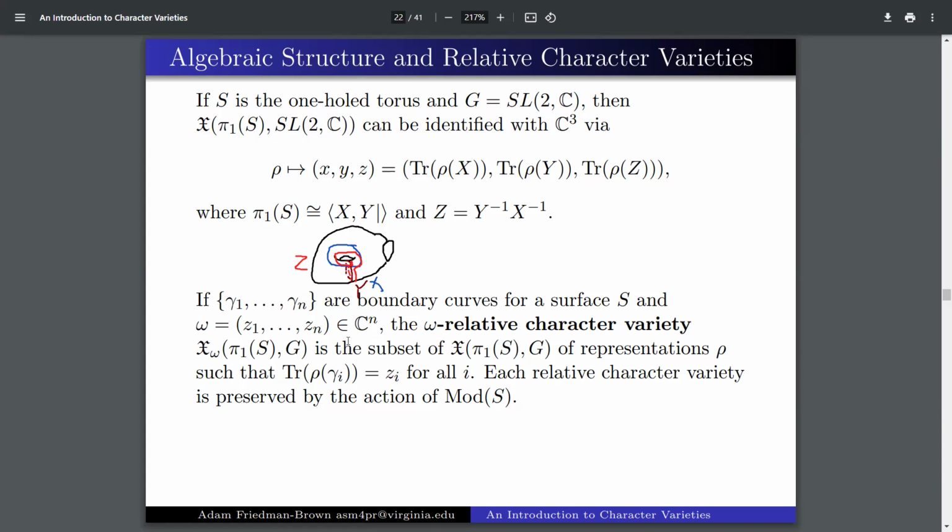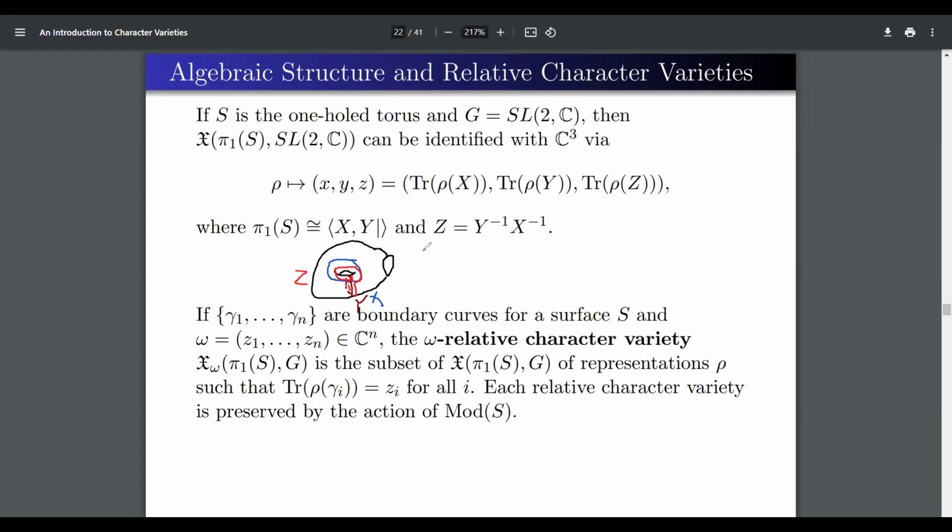Now, if we have some finitely many boundary curves for a surface S, in this case, we only have one boundary curve that we can call K, right there. The curve literally on this boundary component.